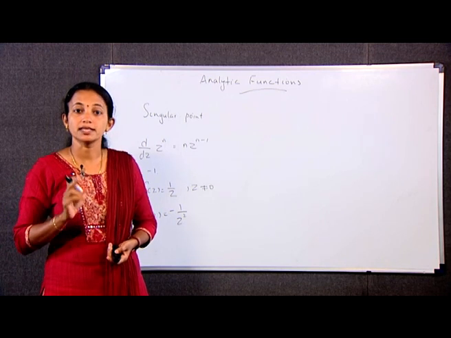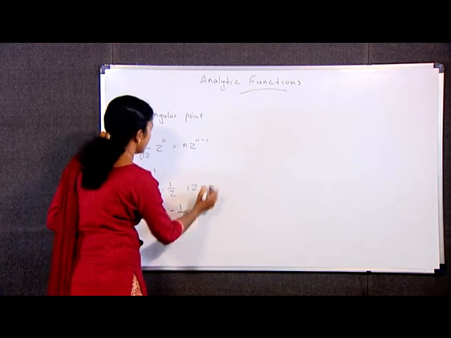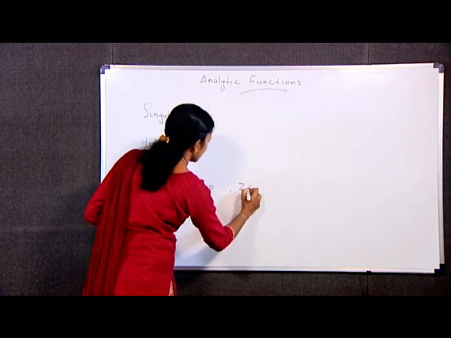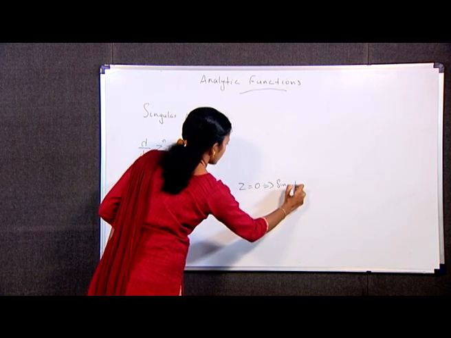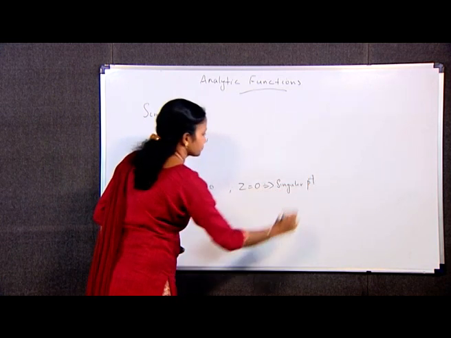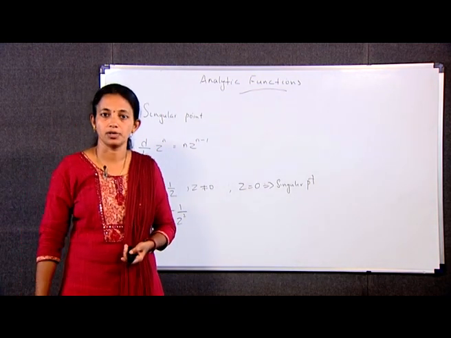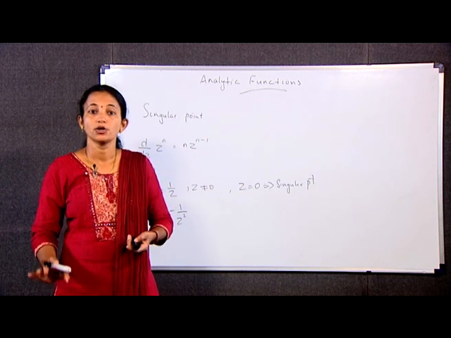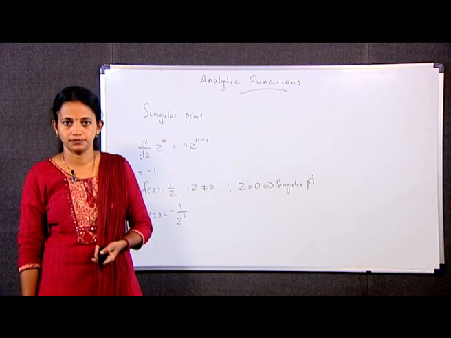Hence, the point z equal to 0 is the singular point for f(z). Next, we have an example. f(z) is equal to mod z squared. It has no singular point since it is nowhere analytic.